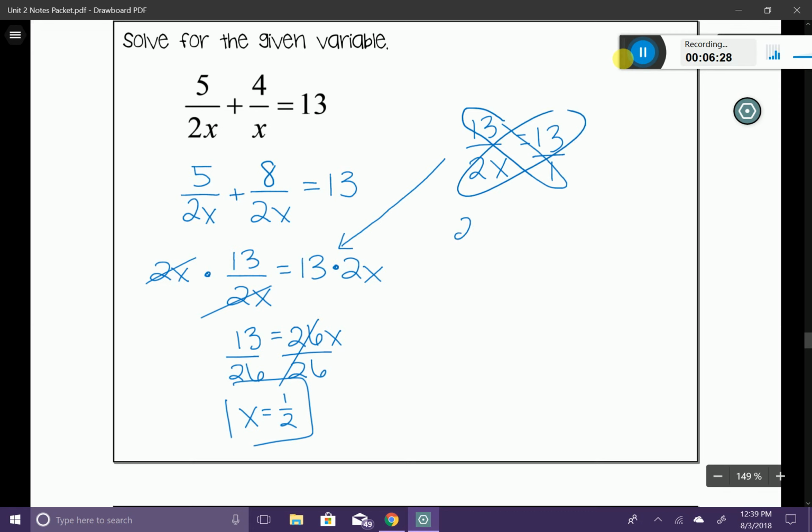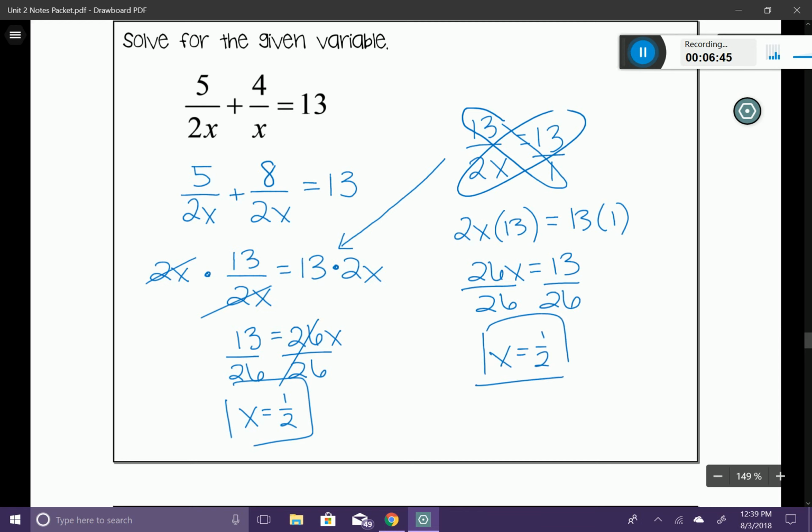So I have 2x times 13, and that's going to be equal to 13 times 1. So that's going to be 26x is equal to 13. And just like before, I'm going to divide both sides by 26 to give me x is 1/2. So either way you do it, you're going to get the same answer. It's just a matter of which way you prefer going.